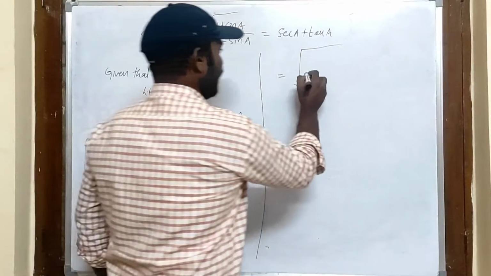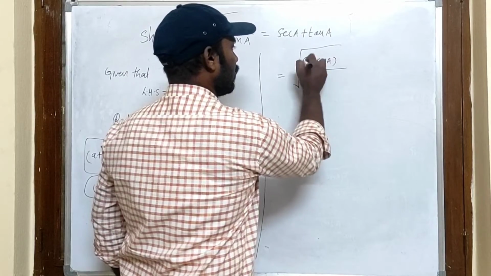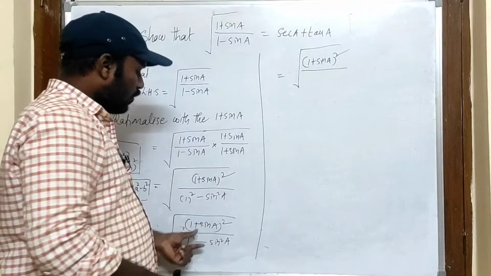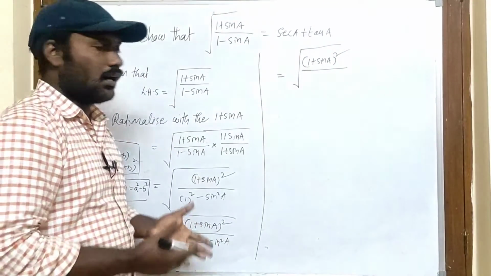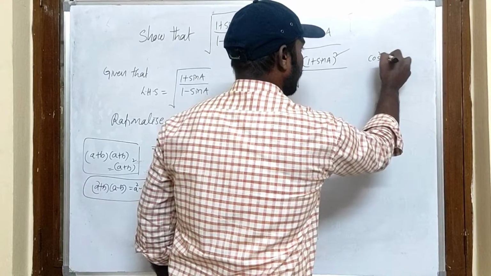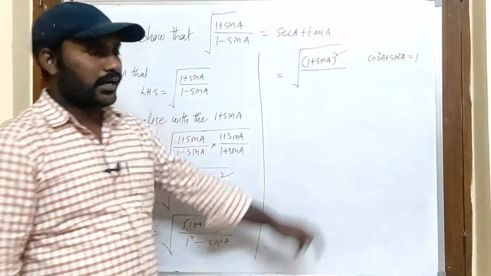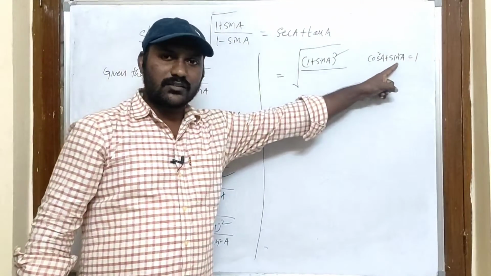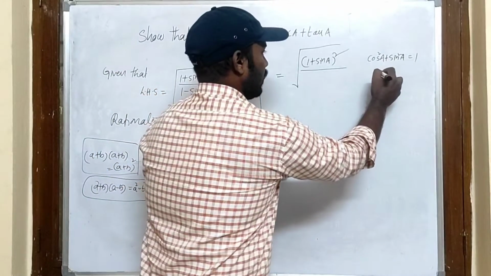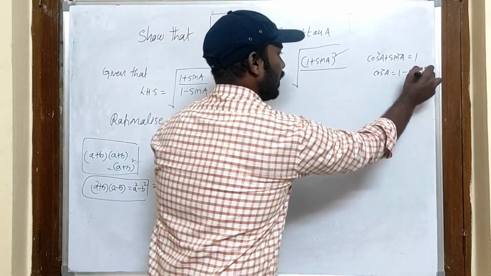We can keep 1 plus sin A whole square as it is, but 1 minus sin square A we can change. How? Because we know the identity cos square A plus sin square A is equal to 1. From this we can write cos square A is equal to 1 minus sin square A.